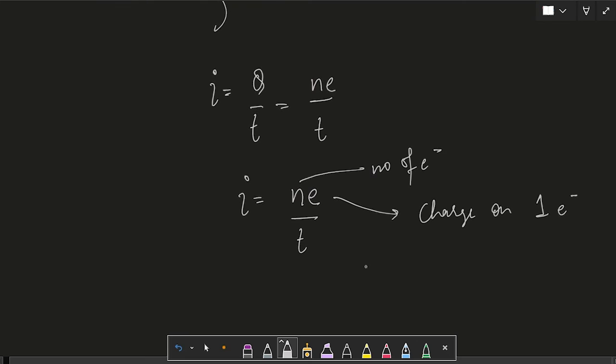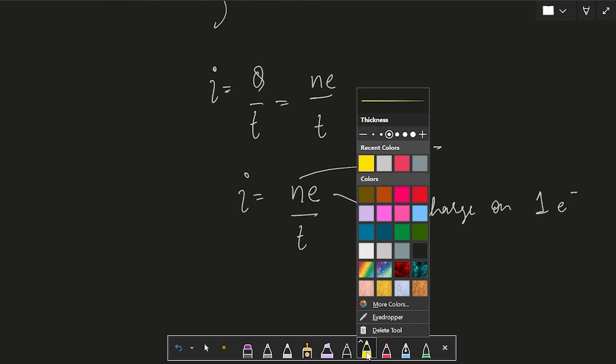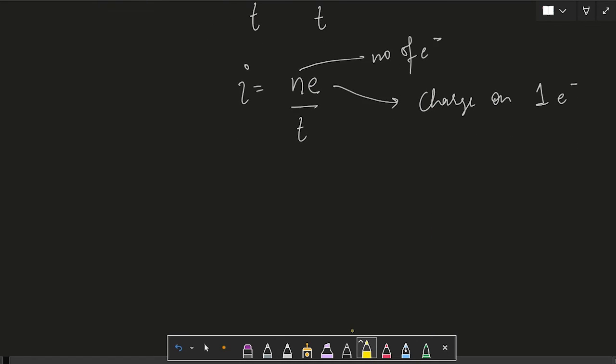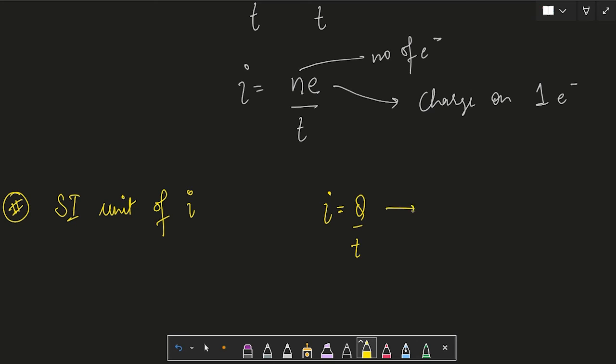Now, moving on, electric current is a fundamental physical quantity, so obviously you need to study the SI unit of it. So I is defined as Q upon T. Q is coulomb, right? And T is second in SI.